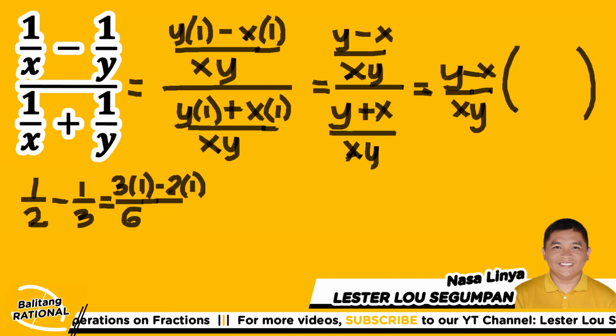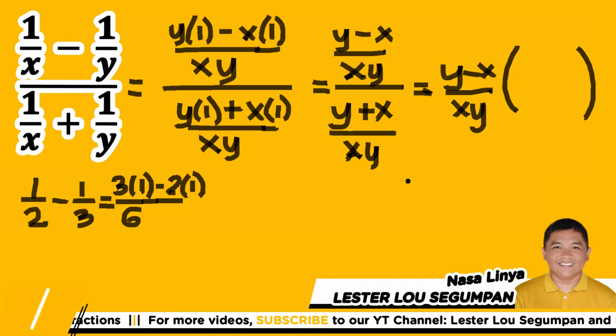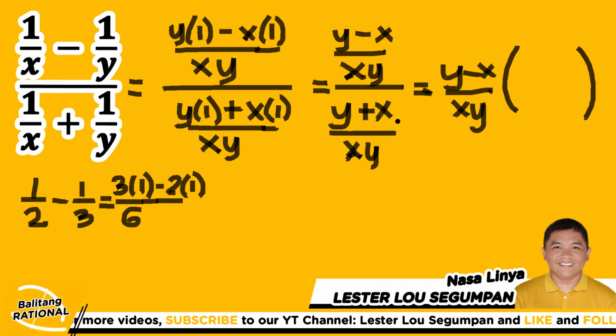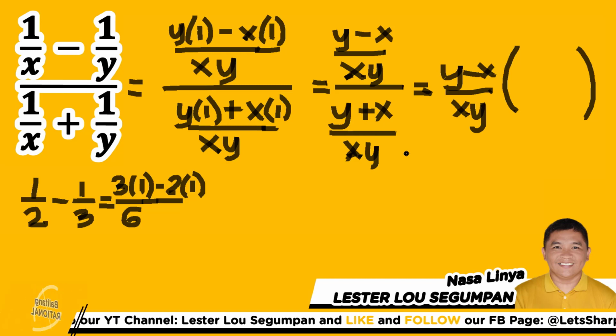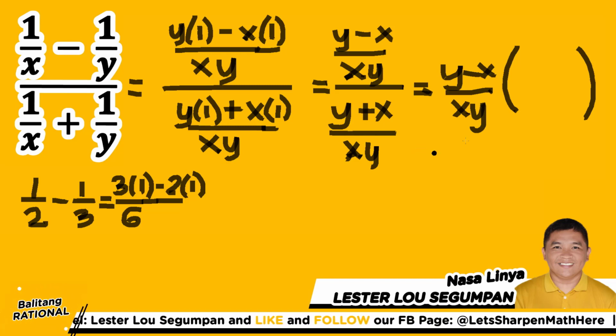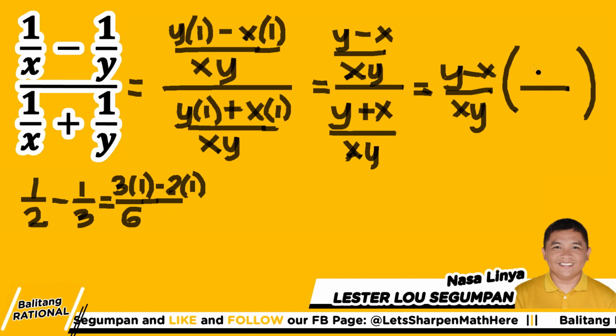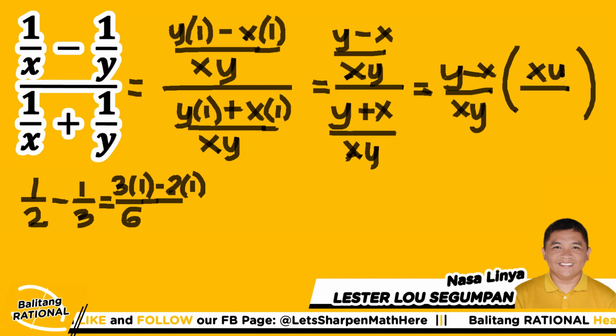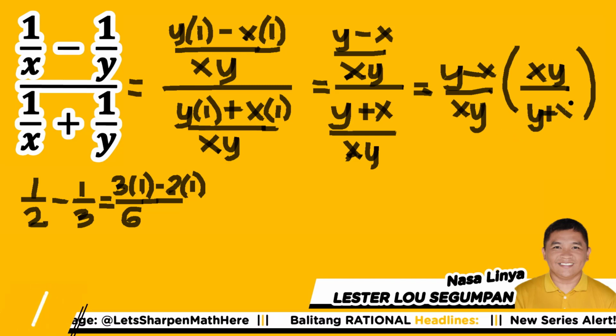Pwede pa patapos. Meron pa isa. Flip or reciprocate your denominator here. So instead of y plus x over xy, you reciprocate it, you flip it, you will have this form: xy over y plus x.